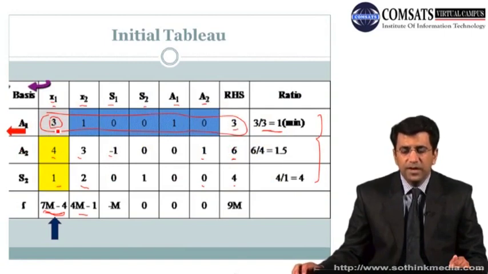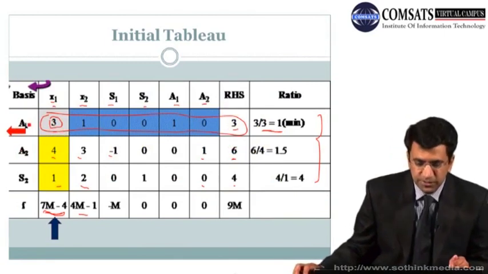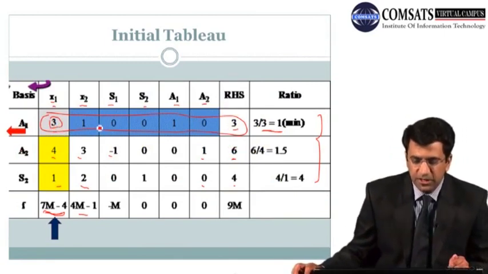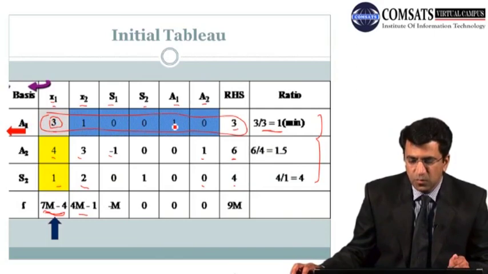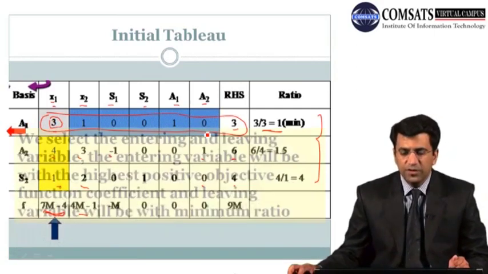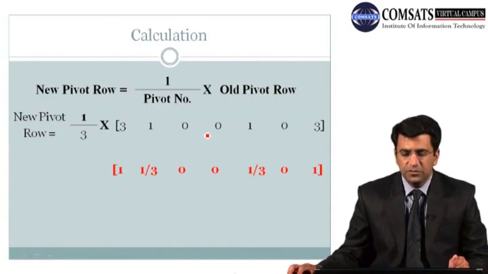And your pivot row is 3 1 0 0 1 0 3. So we will rewrite this pivot row here, that is 3 1 0 0 1 0 3. So we rewrite our old pivot row here in order to compute our new pivot row.